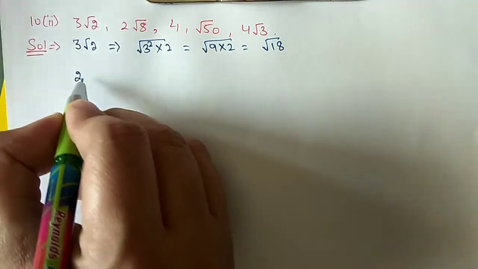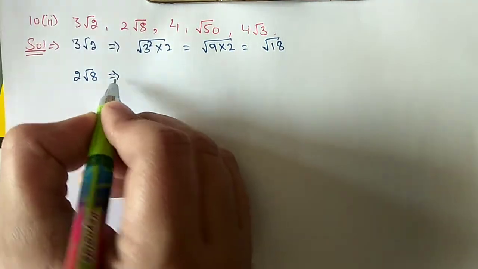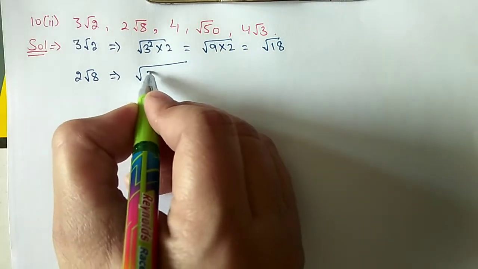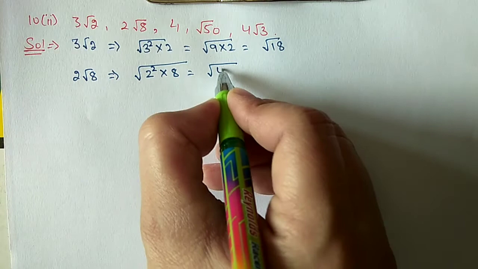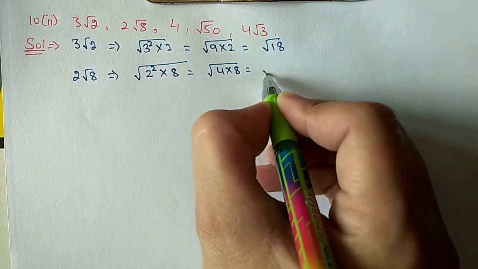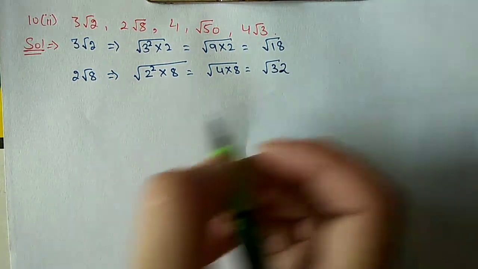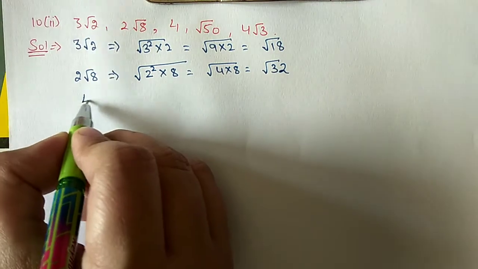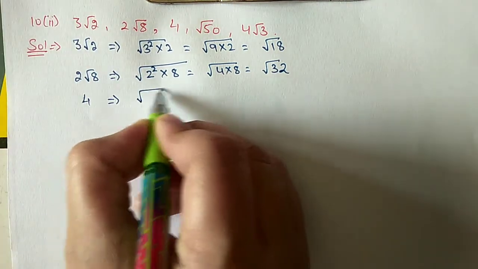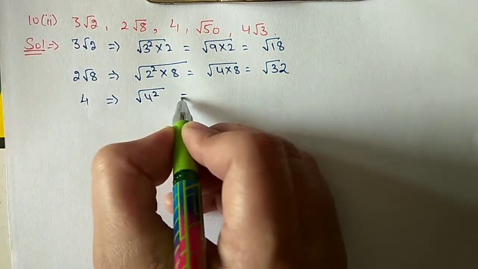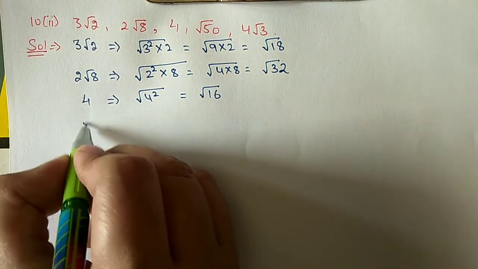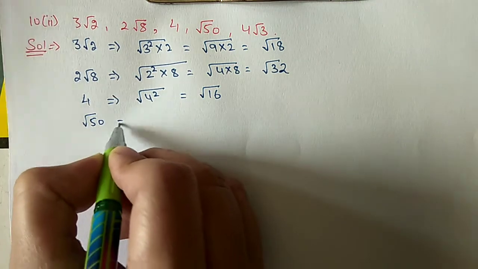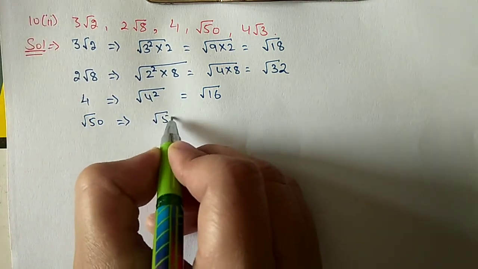The second number we have is 2 root 8, and 2, when we take it inside the root symbol, will become 2 square into 8. 2 square is 4 and into 8 will become root of 32. Next we have 4. After taking this 4 inside the root symbol, it will become 4 square, which is equal to root of 16.